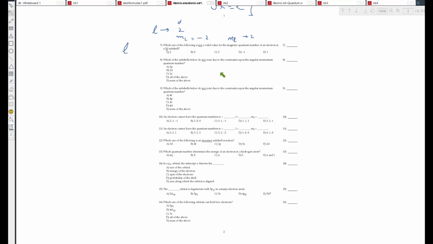The second shell has how many subshells?